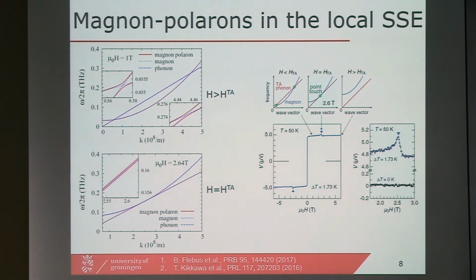And in the original experiments by Kikkawa et al., they call this the point touching condition, such that, basically what I just explained. At that field, the interaction is maximized.